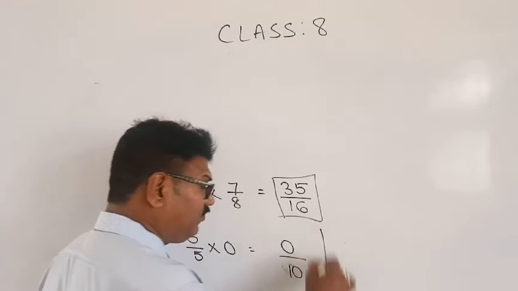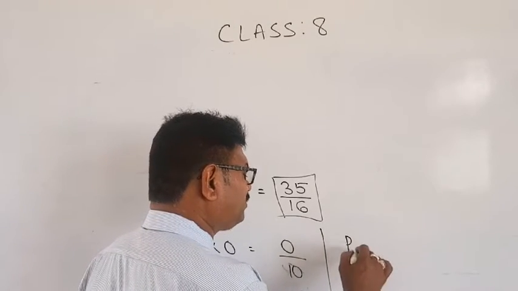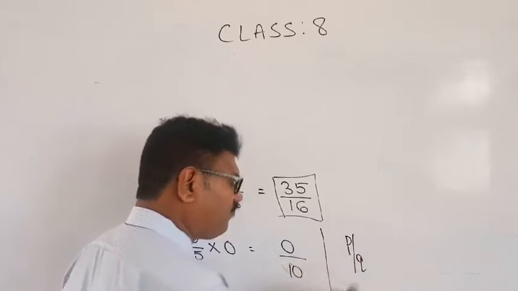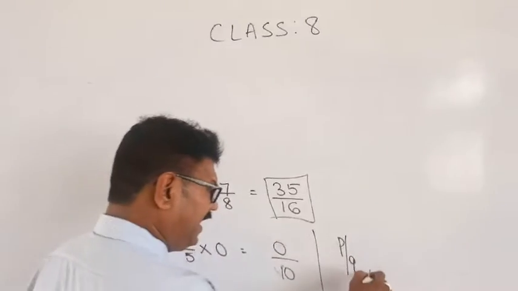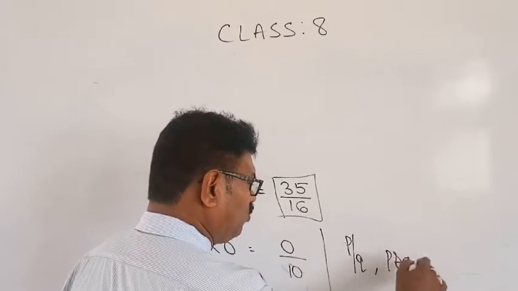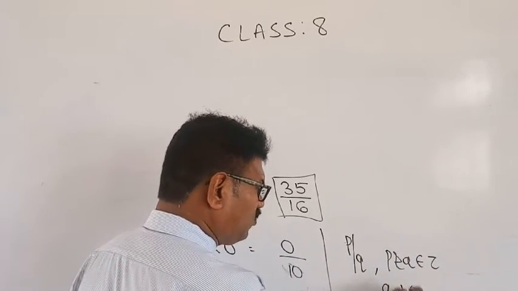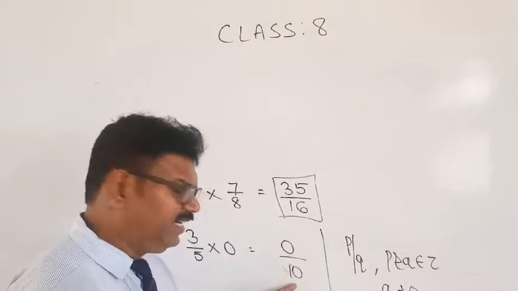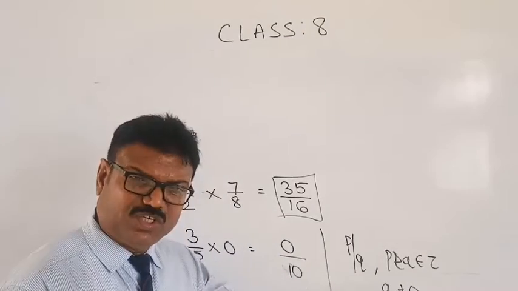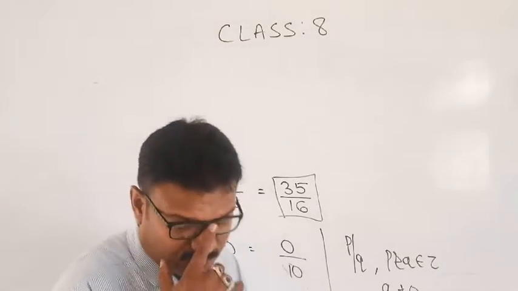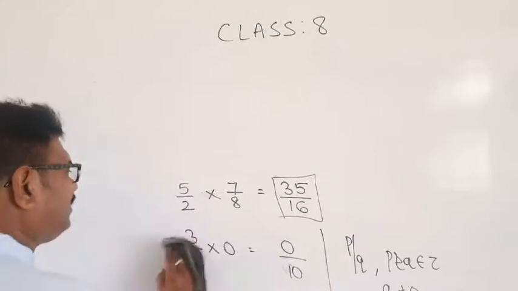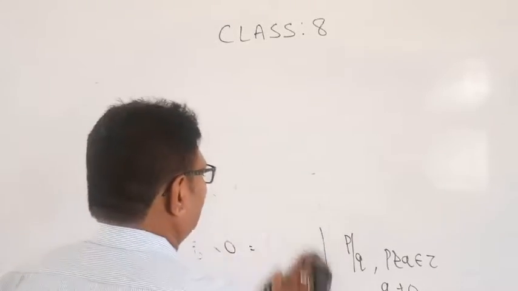We have already told you rational numbers means it is in the form of p by q, where p and q are integers and q is not equal to 0. Here 10 is there. Is q equal to 0? No. Therefore, you should remember that 0 is also a rational number.